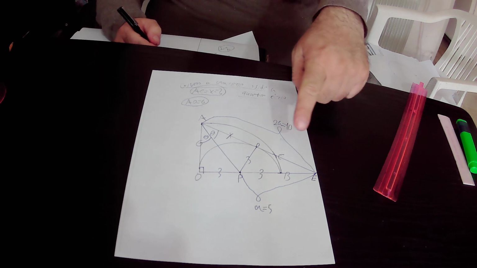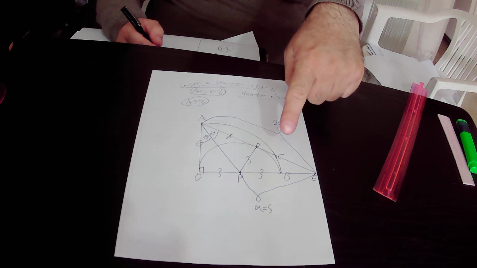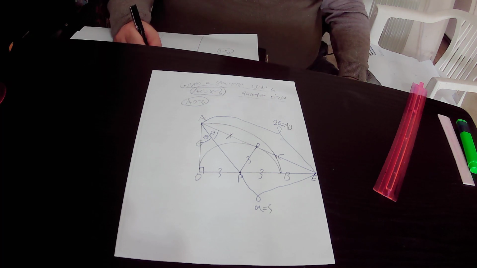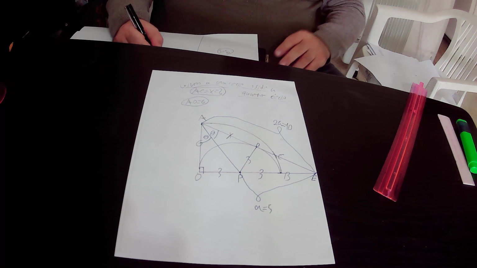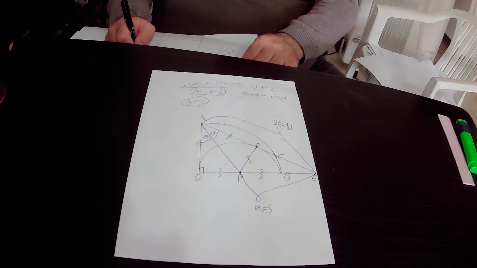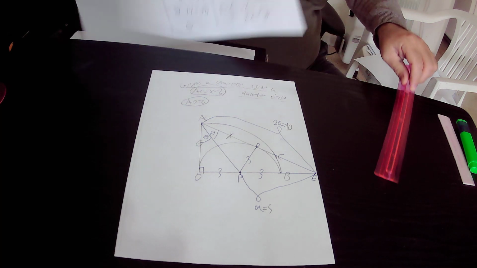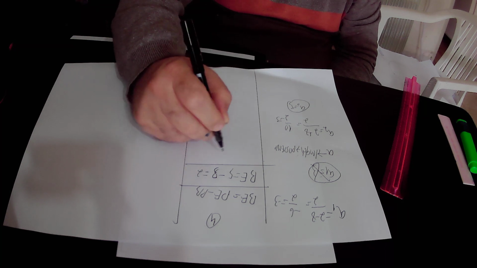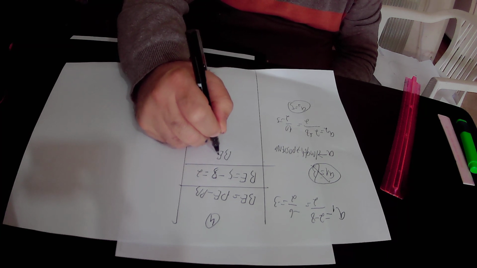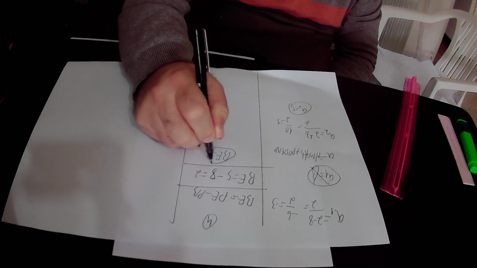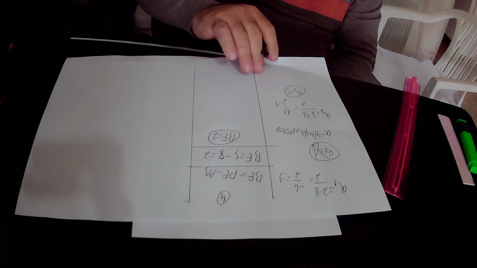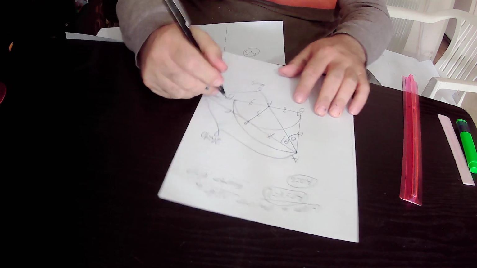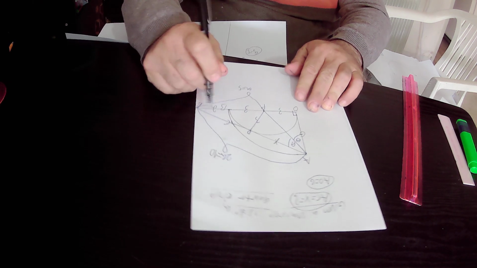And PB equals 3 units. This is the radius of the semicircle. So in conclusion, we found out that BE equals 5 minus 3, that is 2 units. So BE equals 2 units.